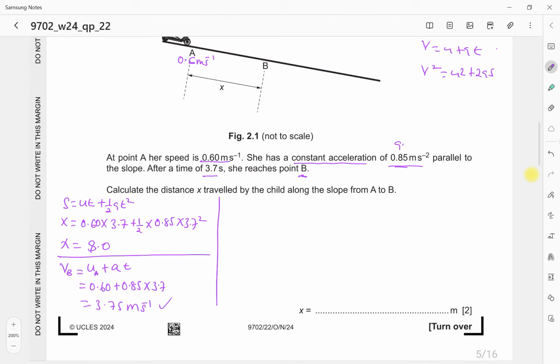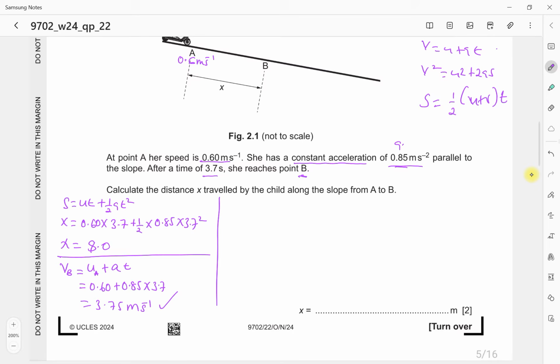If I want to use this speed to find x, there are two ways of doing this. There's another formula where s equals a half into u plus v, the average speed times time. If the acceleration is constant, the displacement can be the average speed times time.